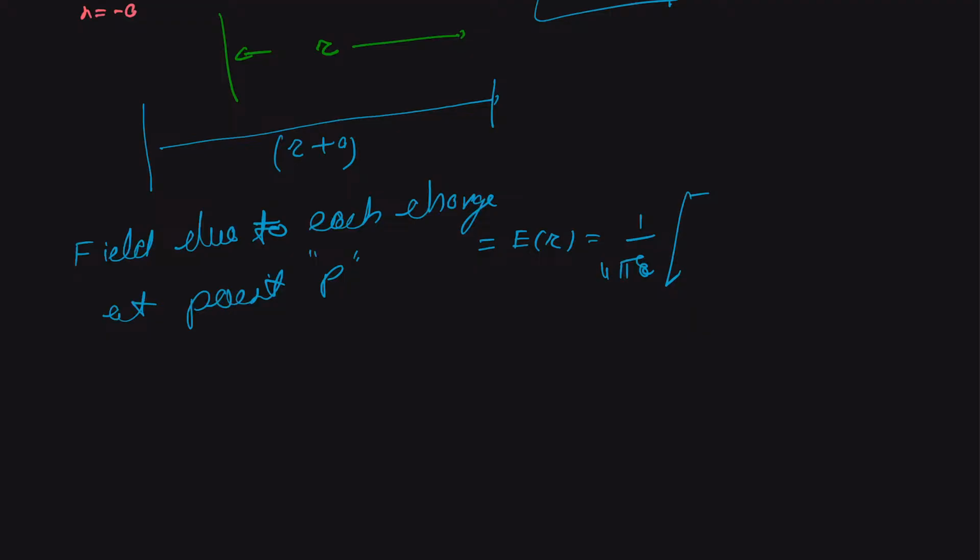We can just algebraically add them, and this will be: first will be q upon r minus a whole square, minus 2q upon r square, plus q upon r plus a whole square.